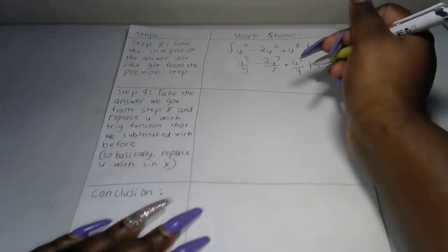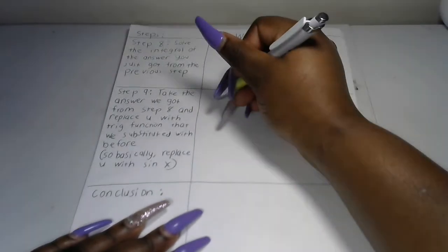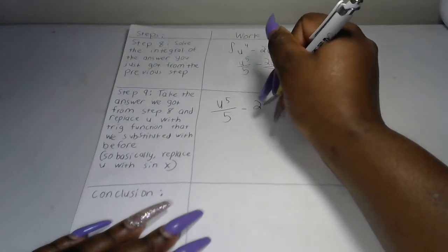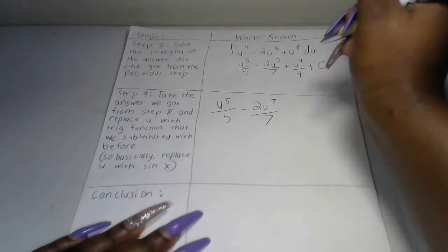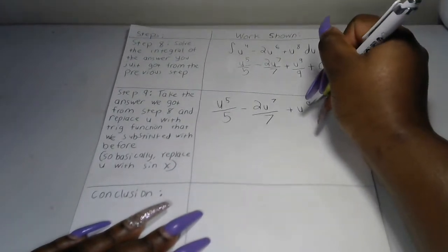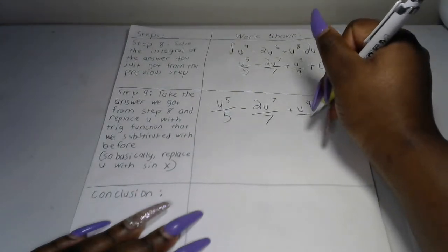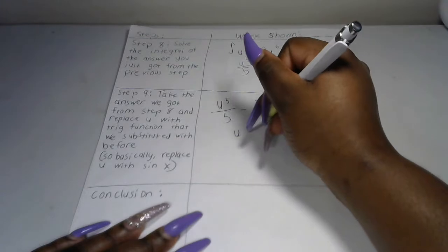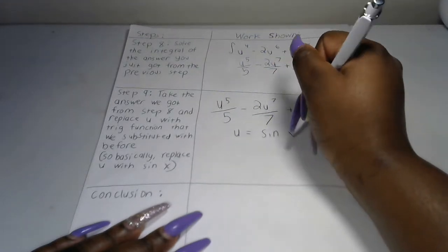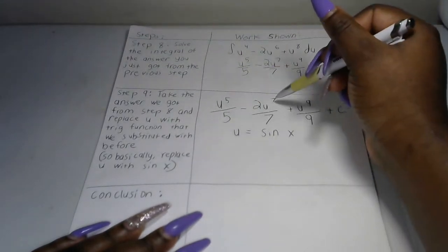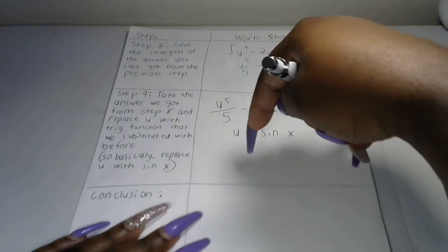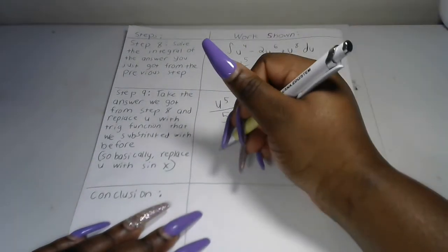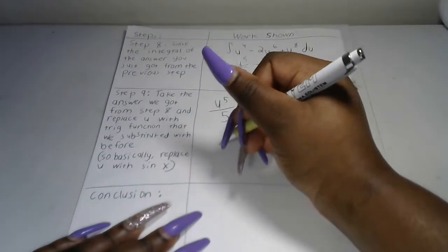The answer from step 8 was u to the fifth over 5 minus 2u to the seventh over 7 plus u to the ninth over 9 plus c. We already established that u is equal to sine x. So now everywhere that we see u, we're going to replace that back with sine x. Once we replace it, we're pretty much done, and that's our answer.